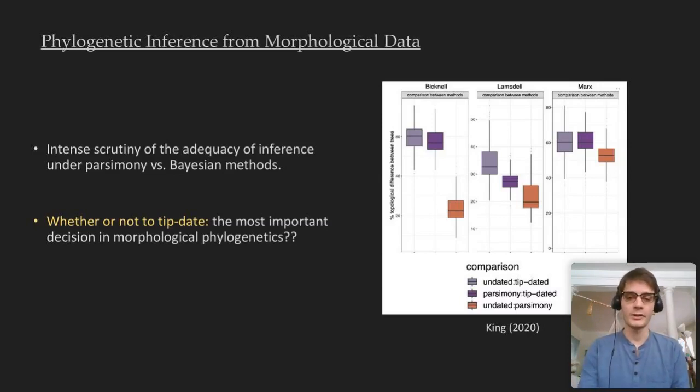You can see in those bar plots, the orange represents the topological difference between the results obtained from either one of those methods, compared to the effect that it has if we include stratigraphy and perform tip-dated inference, which are the differences with respect to the undated inference, either Bayesian or parsimony, shown in purple colors. So whether to tip date or not our morphological tree seems to be the most important decision to be taken when performing a morphological phylogenetic analysis, and yet the consequences of this have been poorly explored.